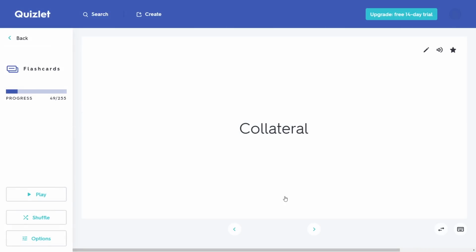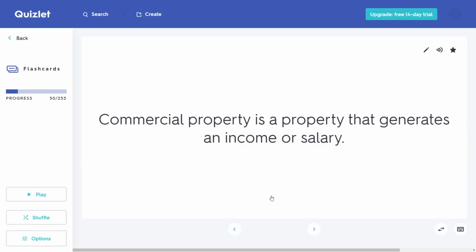All right, commercial property. We're going to end with an easy one. What is commercial property? We talked a little bit about this earlier. Give you guys a couple seconds to think that one over. Okay, commercial property is property that generates an income.